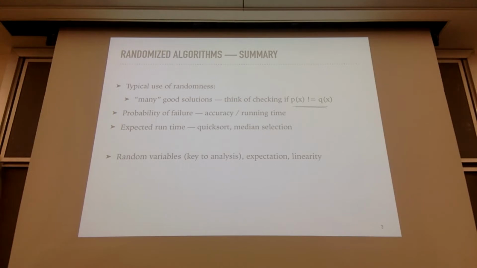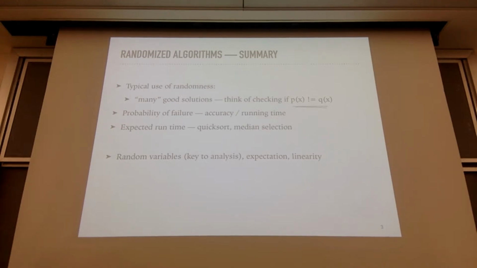Then if p is not equal to q, then p(x) is not equal to q(x) for a typical choice of x, for a random choice of x. That is one of the striking examples of randomized algorithms. In fact, this is one of the problems for which we don't know very good deterministic algorithms. I'll come to that in a little bit.